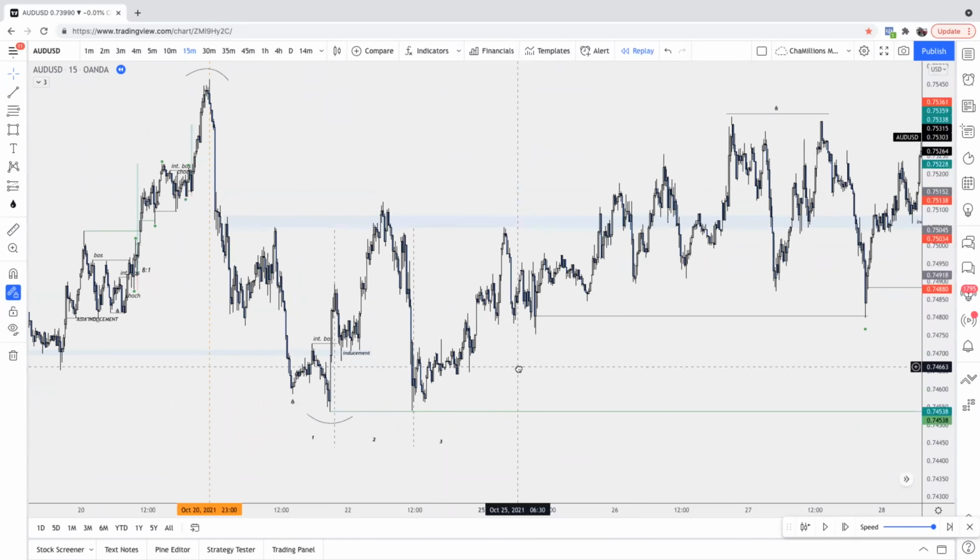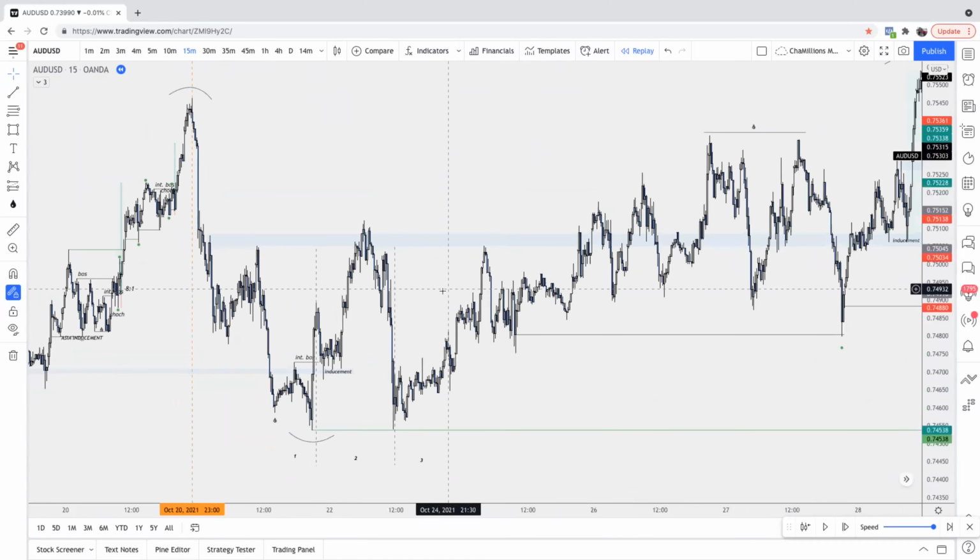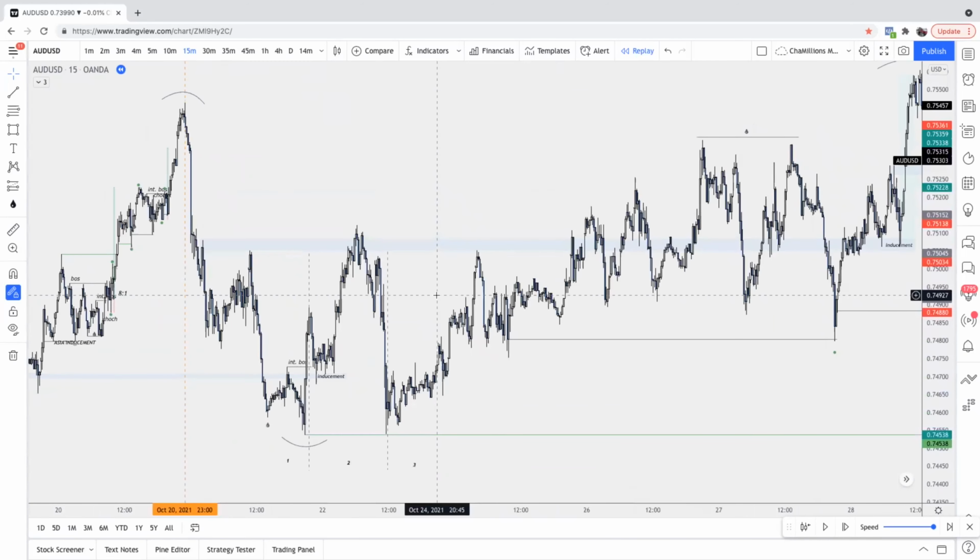And this is where I want to dive into knowing what phases of the market you are in and understanding the behavior of price within those phases, right? If you didn't know, my trading style is based primarily around Wyckoff ideology.